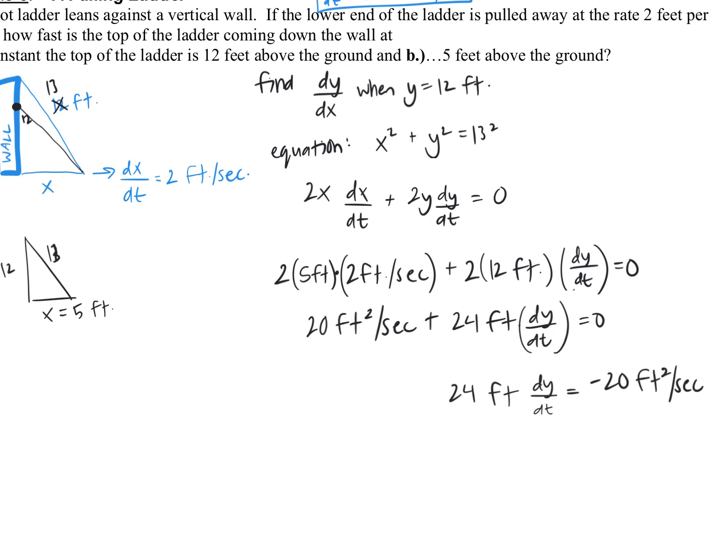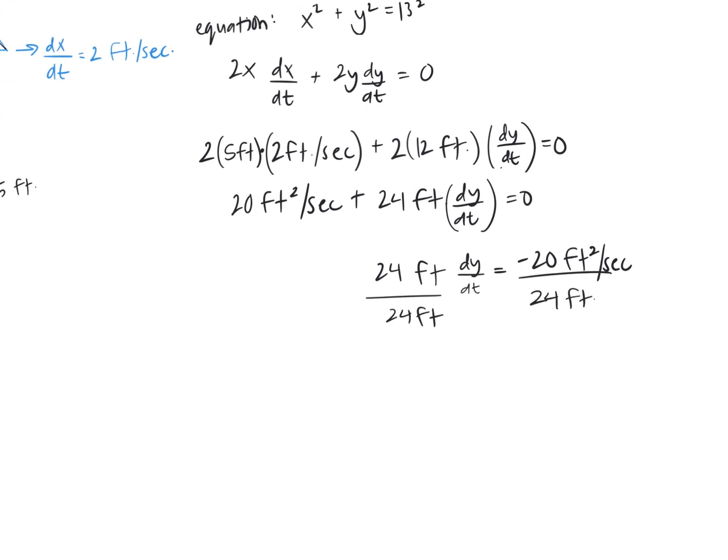And then I have to get rid of the 24 feet, so divide by 24 feet. And I'm left with dy/dt is equal to, I can simplify this fraction, divide both of them by 4, so I got negative 5 over 6. Now my feet unit is going to cancel out one time with the top one, so I'm going to be left with feet per second.